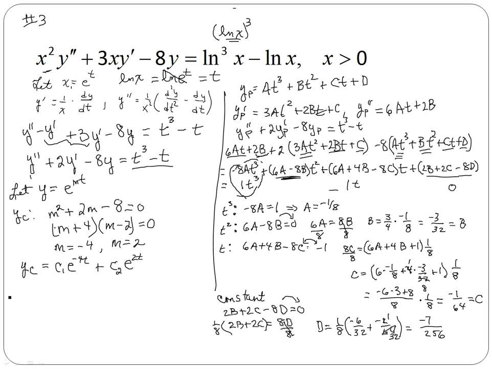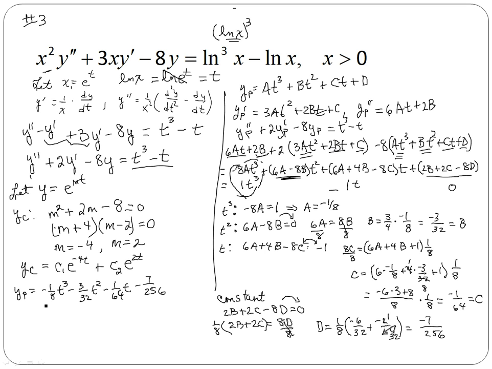So if I put that together, I get my particular solution is a t to the third, that's negative 1/8 t to the third, plus b t squared, minus 3 over 32 t squared, plus c t, minus 1 over 64 times t, plus d, minus 7 over 256.